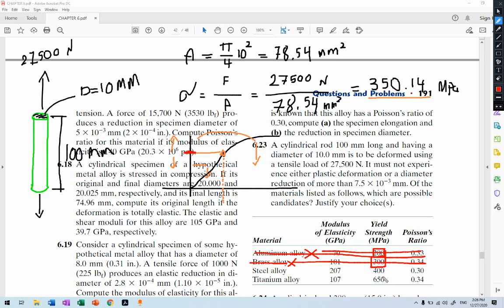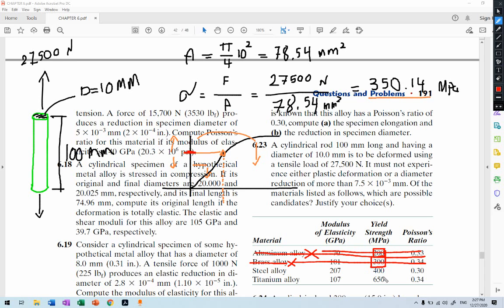So for both cases, steel alloy and titanium alloy, if we use them with 10 millimeter diameter, 100 millimeter length, with the force we have there, they will be in the elastic region.